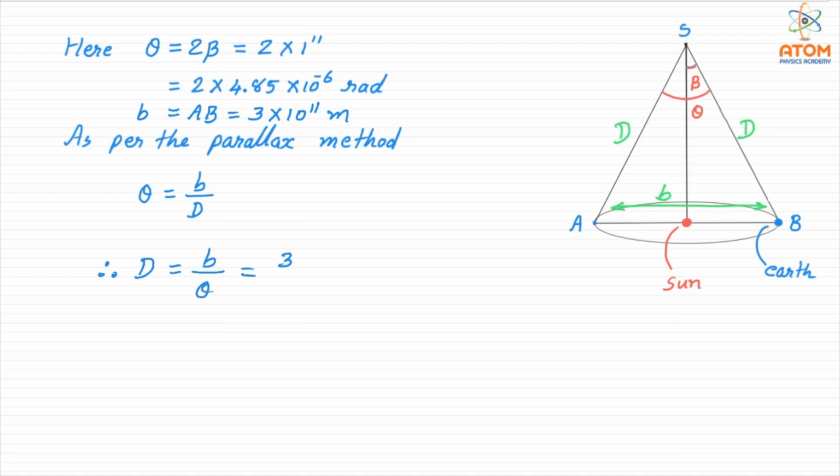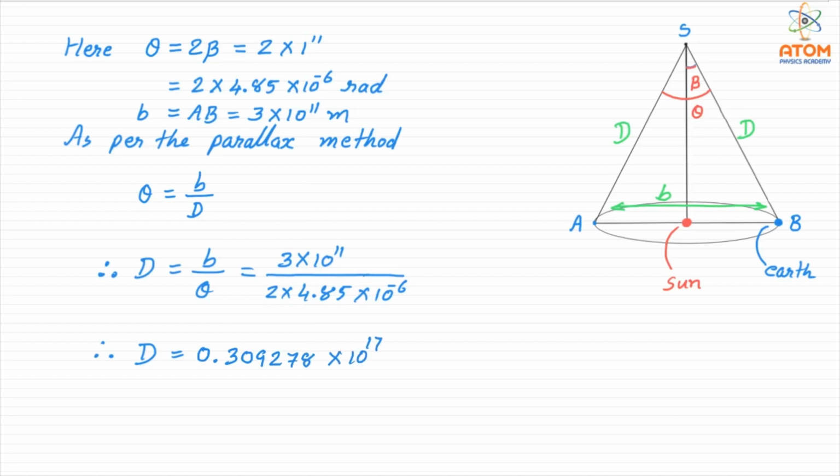The value of B is 3 into 10 raised to 11 divided by the angle theta, which is 2 into 4.85 multiplied by 10 raised to minus 6, and solving this we'll get this distance D as something like 0.309278 into 10 raised to 17.